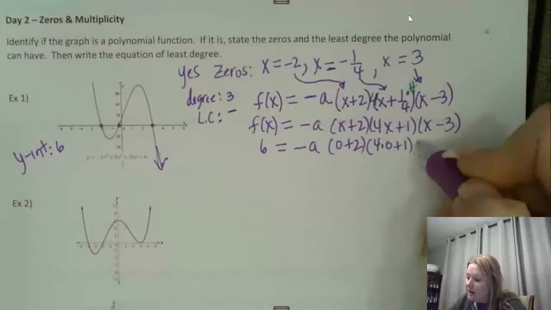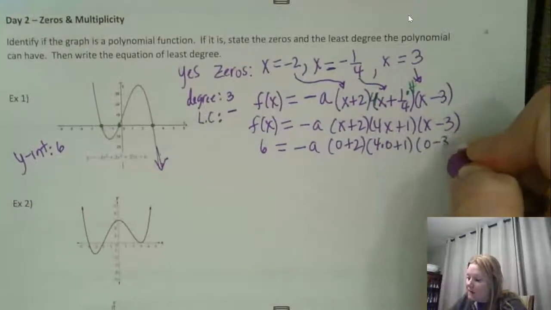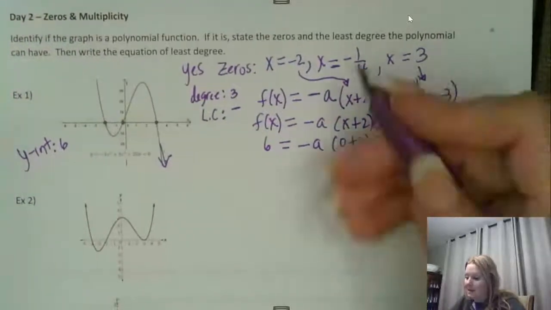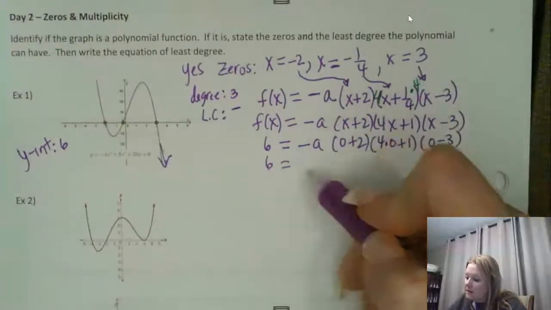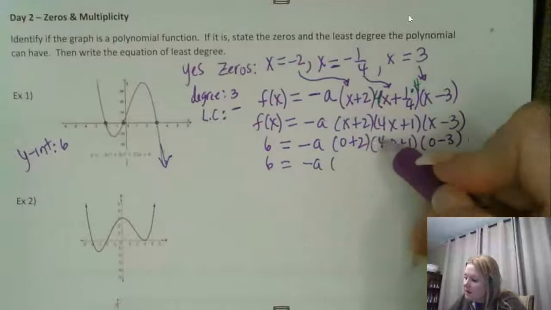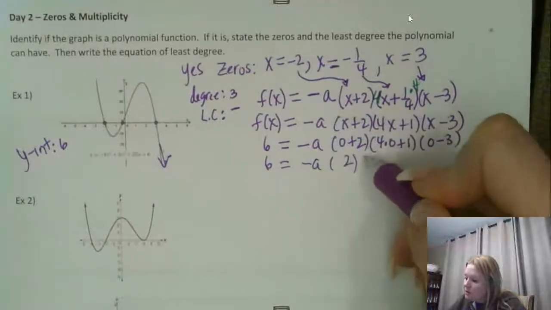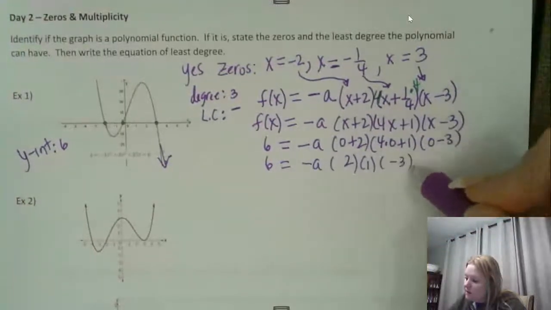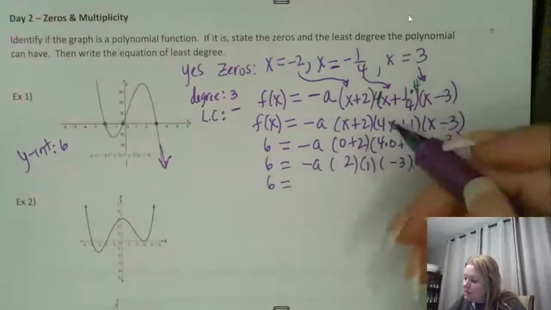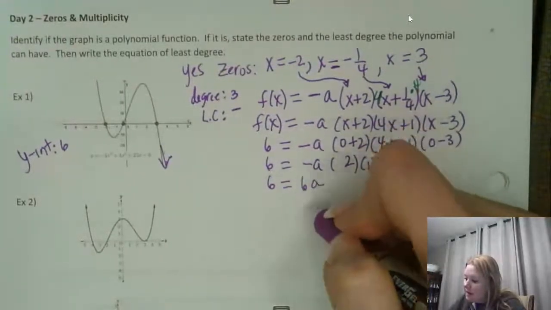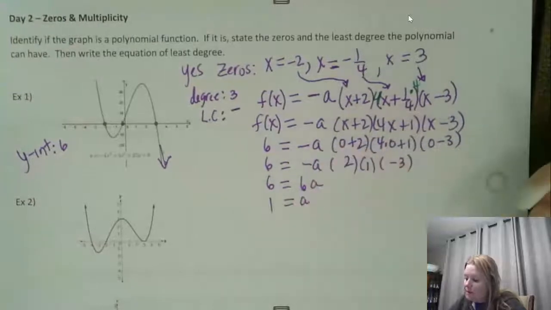That's what a y-intercept is. It's the value when x is 0. This would be 2 times 1 times -3. That would be 6 equals 6a, which means a is 1.